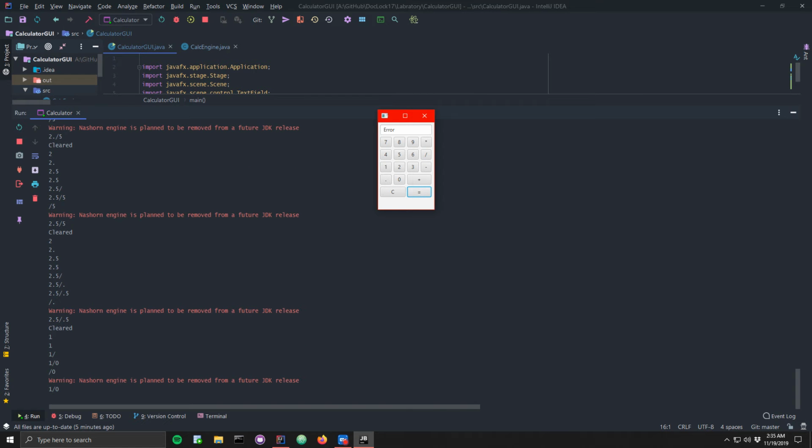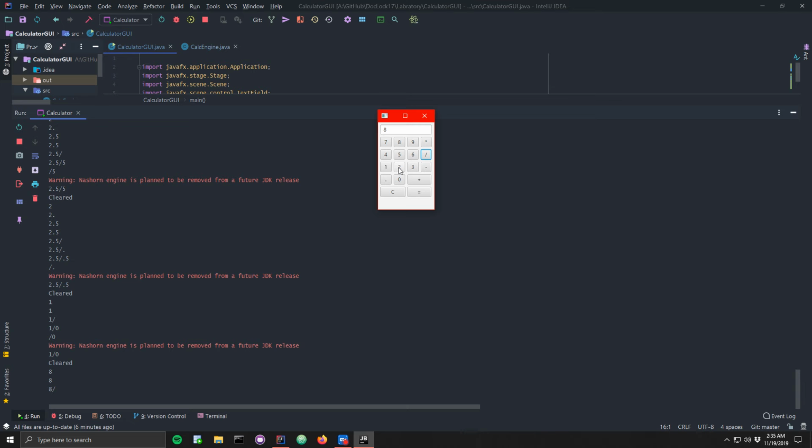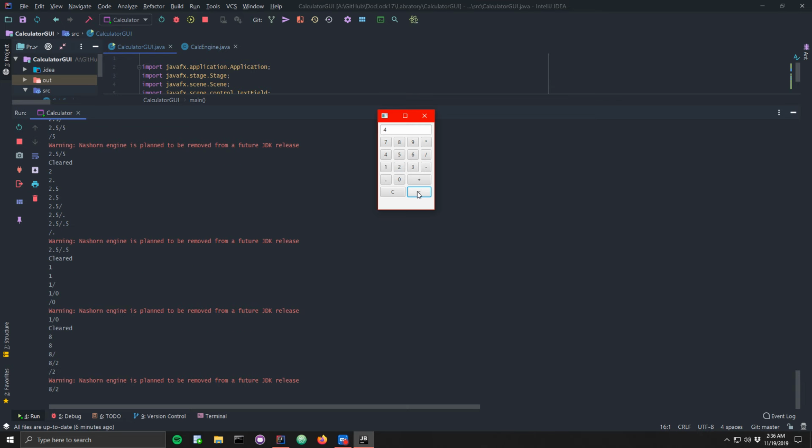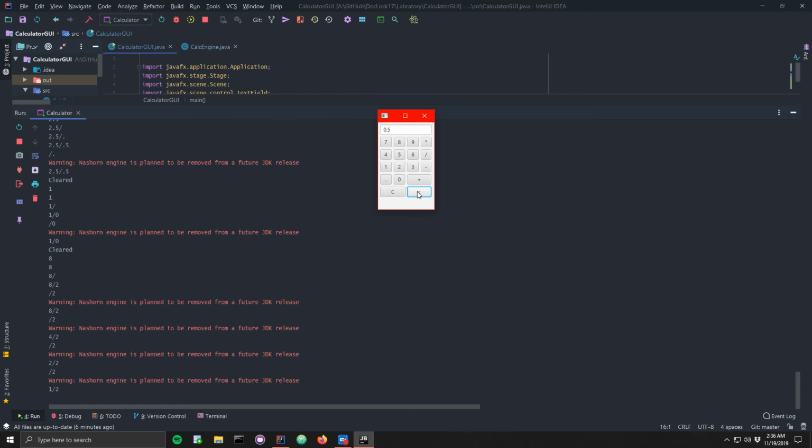Now, I really wanted to replace this with undefined because it would be more accurate, but my instructions say to make it equal 0. So it equals 0. 8 divided by 2 equals 4 equals 2 equals 1 equals 0.5.